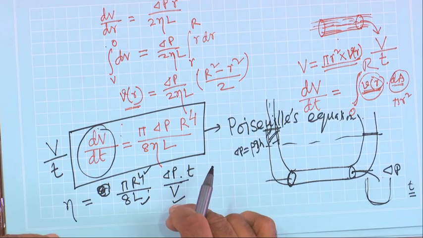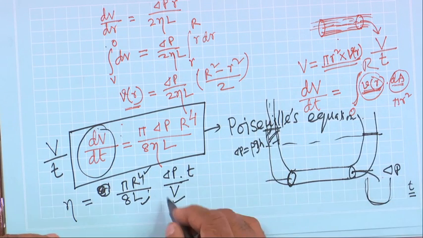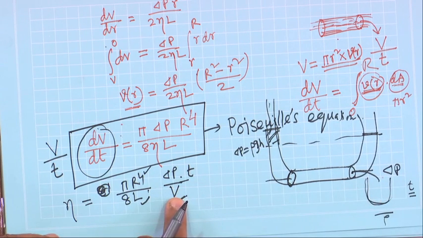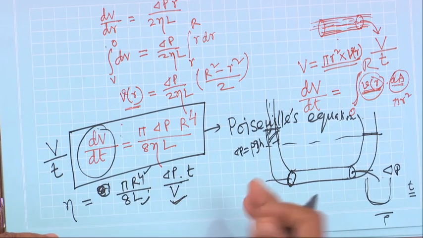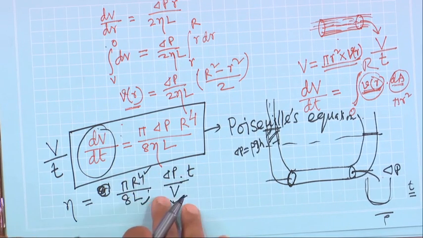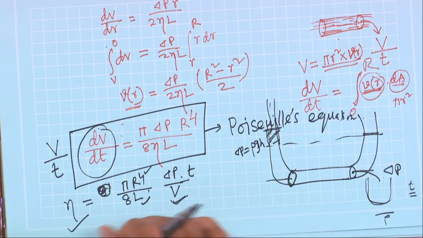From the measuring cylinder you can measure the volume directly, or you can measure the mass of this water and divide by the density of the water, which will give the volume. I will show you the experimental setup in our laboratory, and how we measure these parameters to find the coefficient of viscosity.